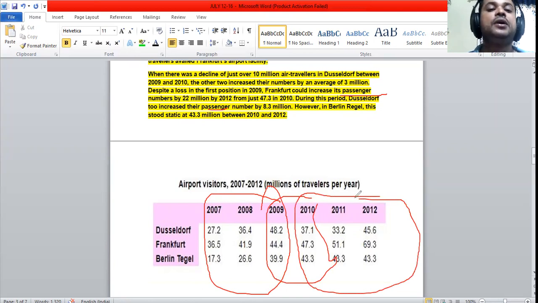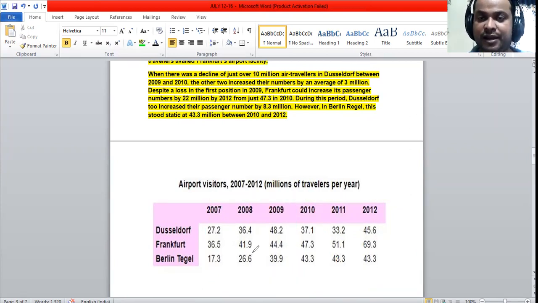So this is the way we have described the particular table, and we have not included all the figures there, but it would have been better if you had focused on the least number of passengers and the maximum number of passengers. If I look closely at this table, I cannot find the highest and the lowest.